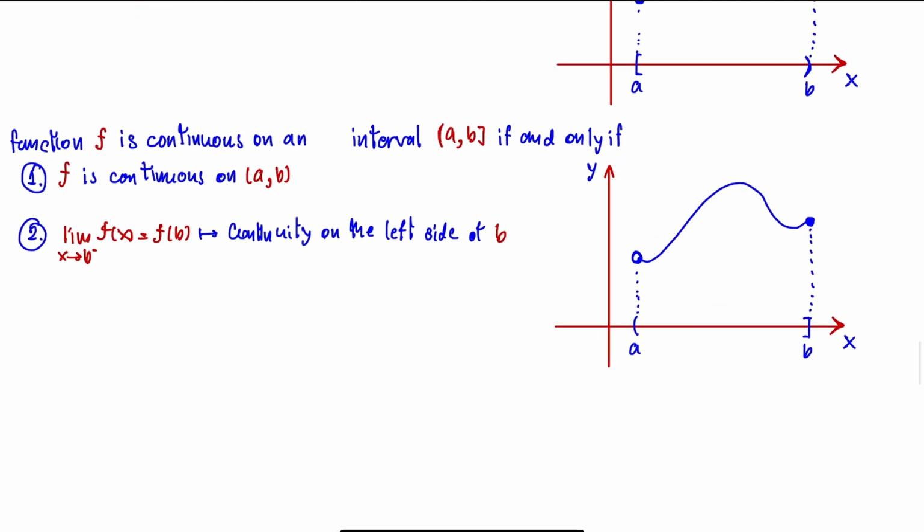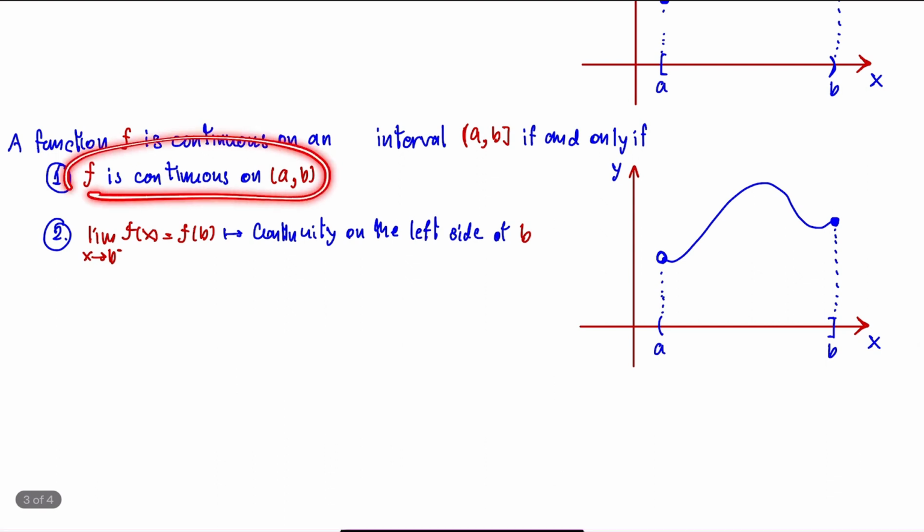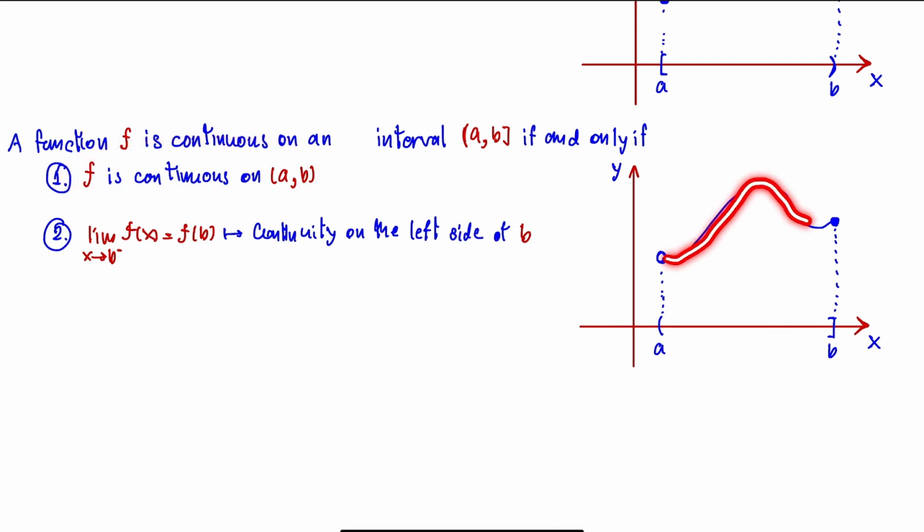For this one, you have to show that the function f is continuous on the open interval from a to b, and show that the limit of f of x at the endpoint on the right side, which is the limit of f of x as x approaches b from the left side, equals f of b. So you're going to have the continuity on the left side of b. Once you have these two conditions, you're going to have the continuity on the interval from a to b, closed at b.